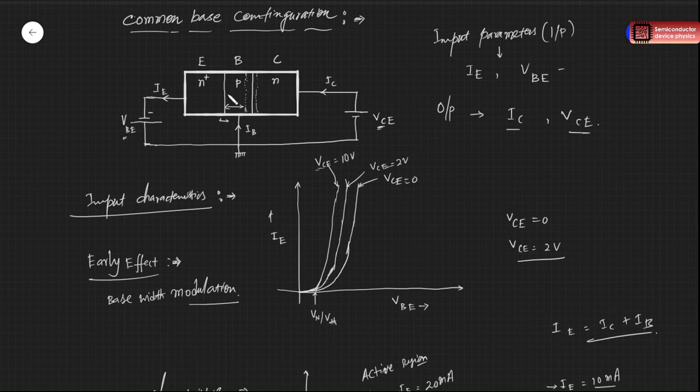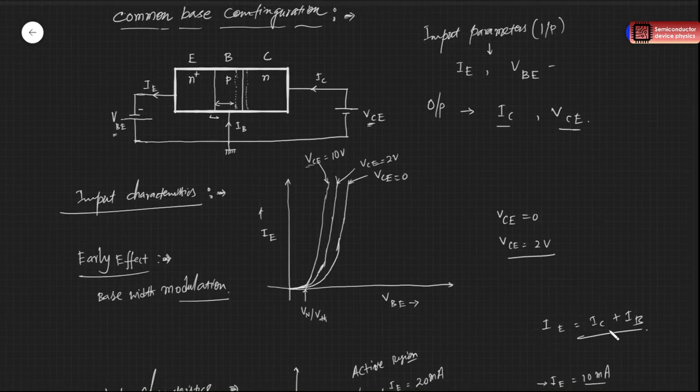There is a more concentration gradient in this region, so the electrons we are injecting into the base can easily get transported into the collector. So effectively the emitter current is increasing.